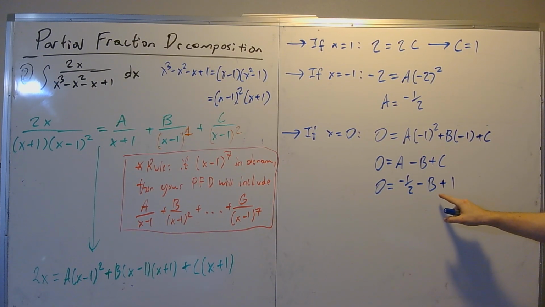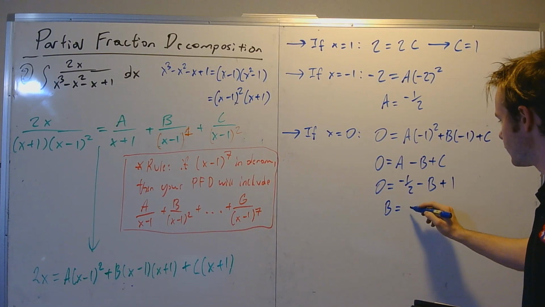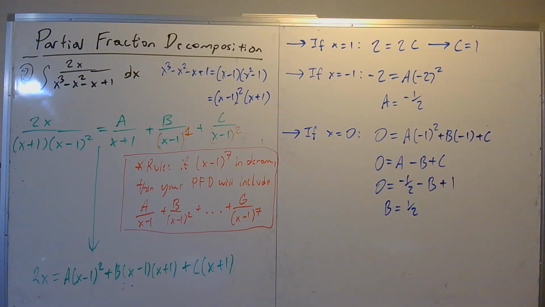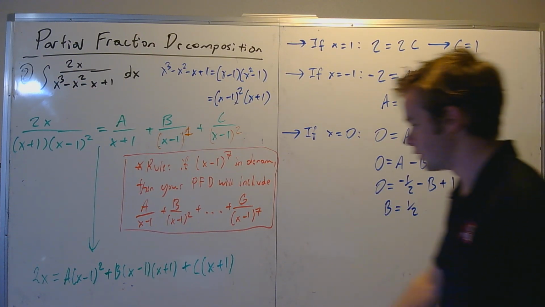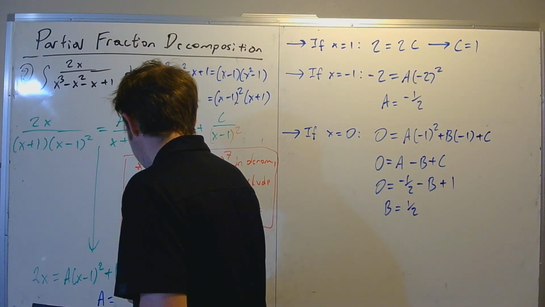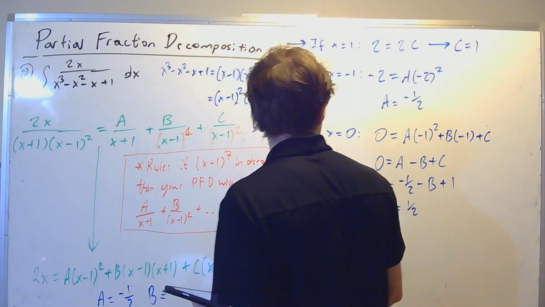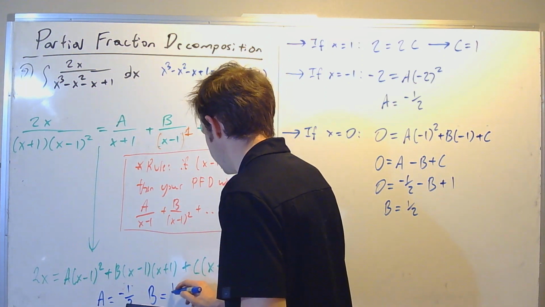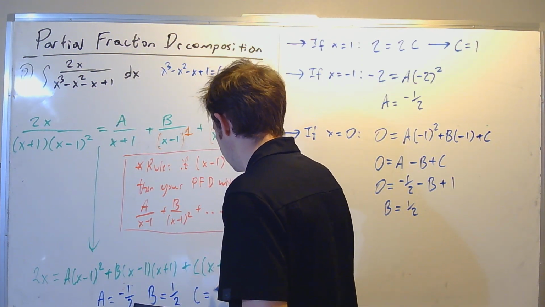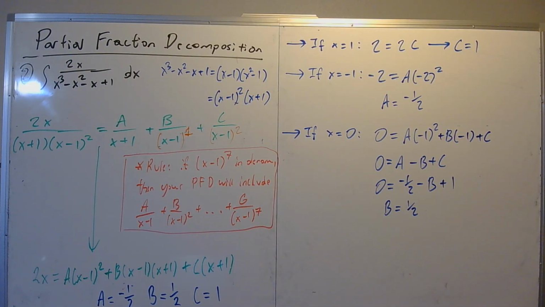If we then add b to both sides, we get b equals 1/2. So I'll just write down here what we found out. We found out that A was equal to negative 1/2, B was equal to 1/2, and C is equal to 1. So that's what we just figured out on this right side here.